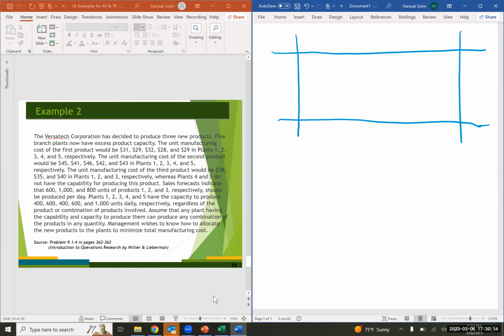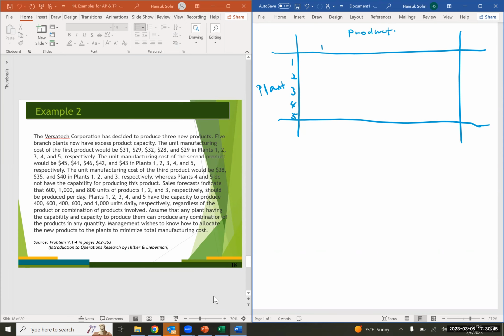Each row represents the sources, so that's going to be the plant: plant number 1, 2, 3, 4, and 5. And then each column represents the destinations, so in our case, the new products.